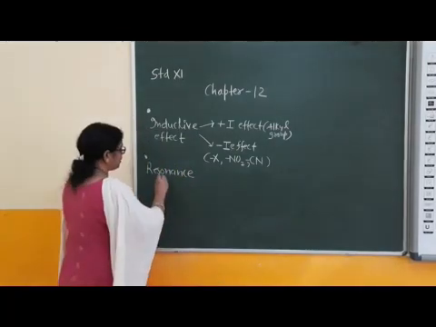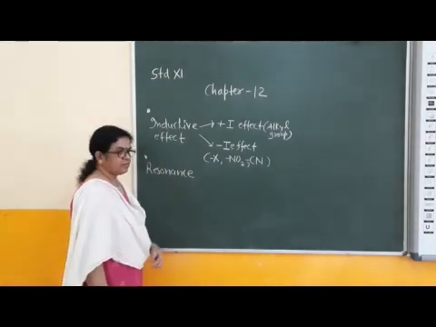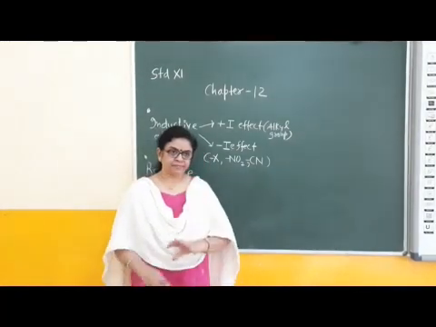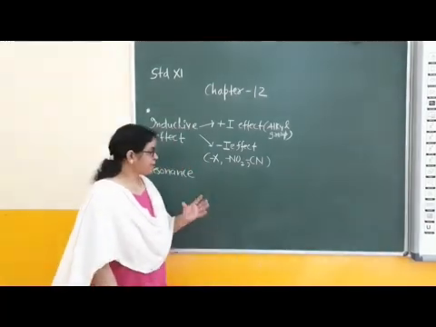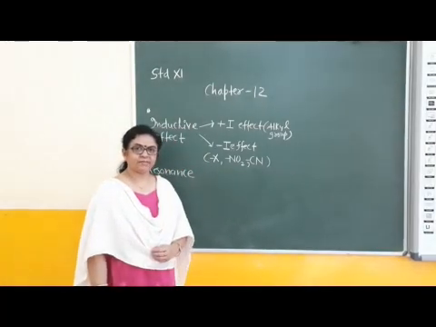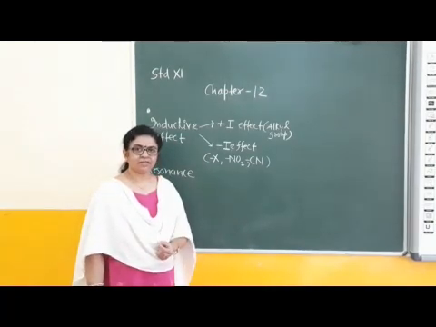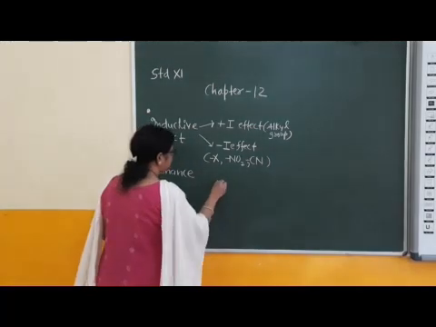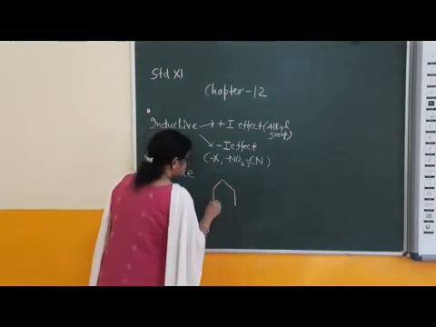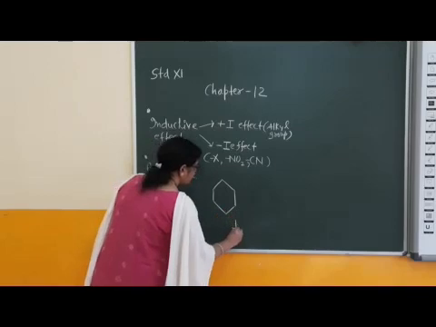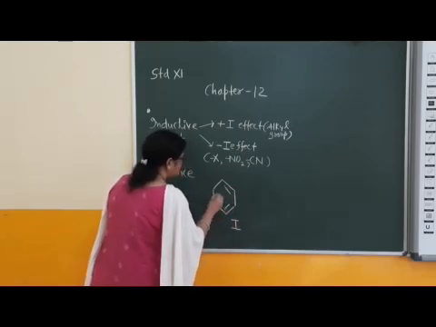Now, the second term is resonance. In some molecules, chemical properties are shown by an intermediate structure, not by a single structure. For example, benzene. First step.